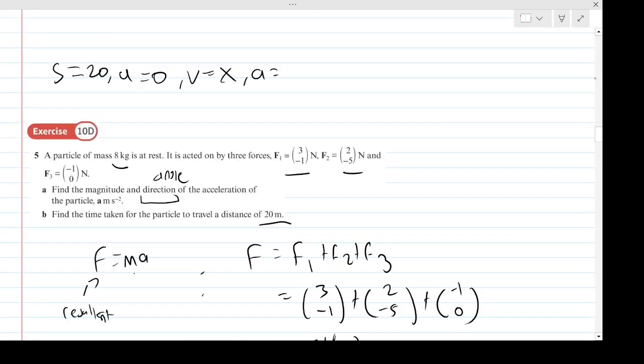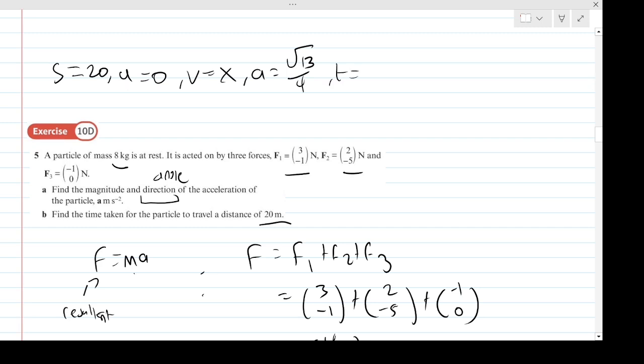Otherwise, I'd be using vectors with numbers. They don't mix. You'll see, we'll do some questions in a moment where we fall into a problem where a vector equals a number. So we need to make sure it's all consistent. So a has to be a number, like 20 and 0, okay?